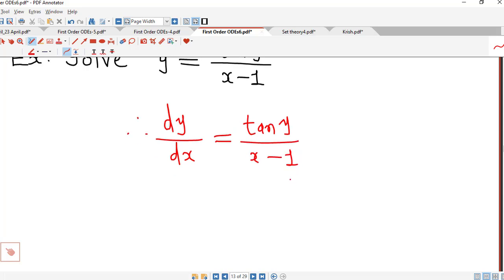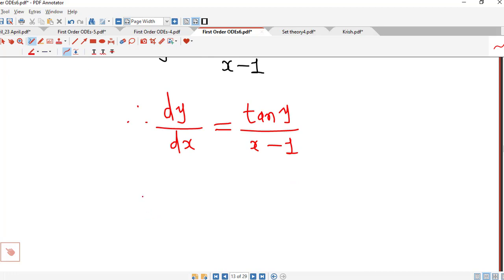So first we can think whether it is possible to separate the variables or not. Here we can see this 10y is a function of y, x minus 1 is a function of x, and they are not in combination. So we can set the function of y with dy and the function of x with dx.